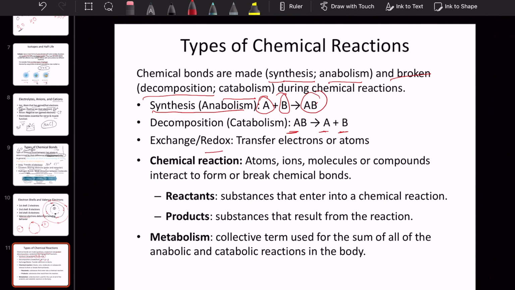Redox reaction transfers electrons or atoms. Chemical reactions can be redox reactions, reduction and oxidation. One is going to be reduced, one is going to be oxidized. One is going to gain the electron, one is going to lose the electron.